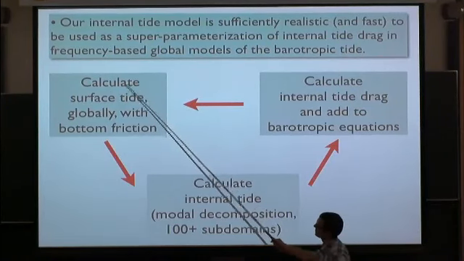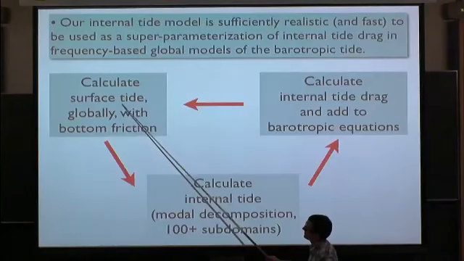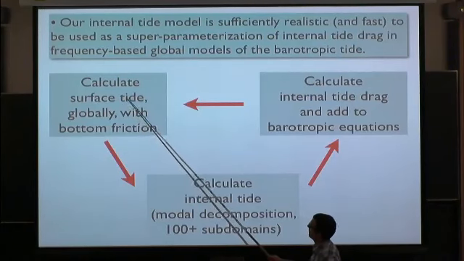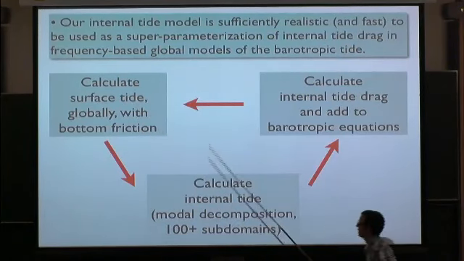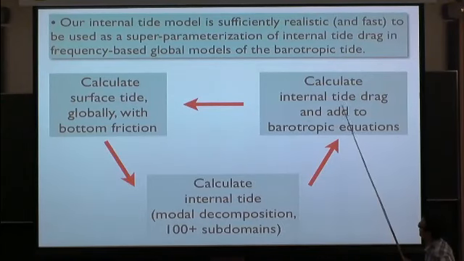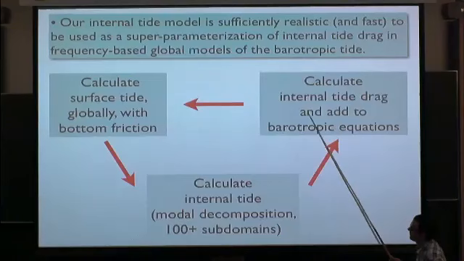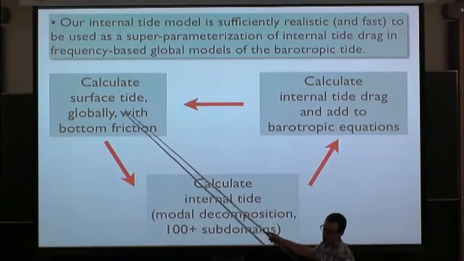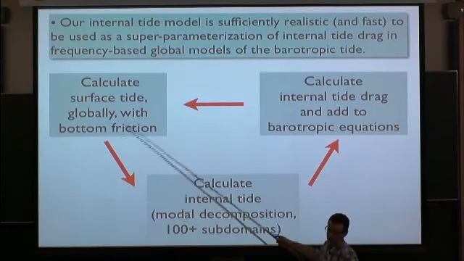So this is the big picture: we've got a solution to this problem, calculating the surface tide globally. With that surface tide, you can then force the internal tide model. Once you force the internal tide model, you can work out where the drag is, and you can then feed the drag back into the next iteration of this model, which is already an iterative solution.